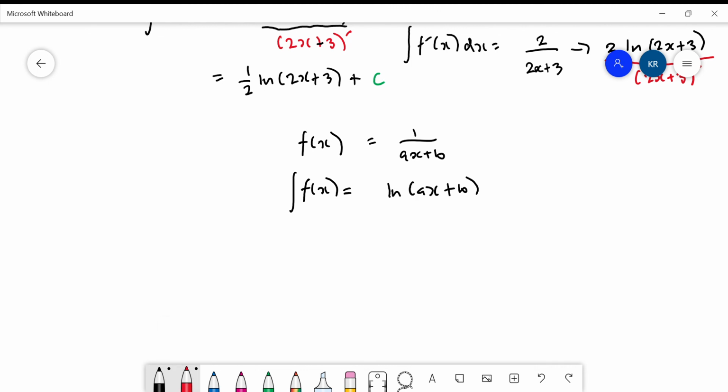And then the second step which we did was we divided by the derivative of whatever's in between. So this becomes the general formula. And you have the plus c.